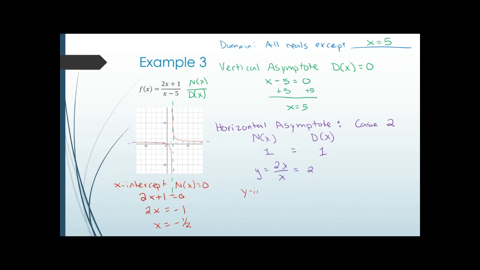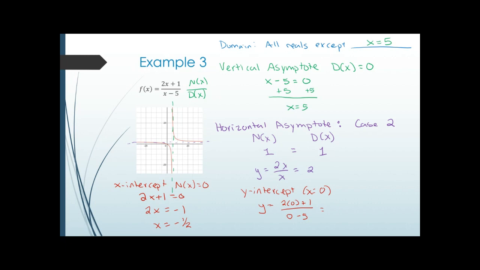Now the y-intercept, that is where you set x equals 0, which we are allowed to do here because our vertical asymptote is not at 0. So we can plug 0 in for x. We're going to say y equals 2 times 0 plus 1 over 0 minus 5.